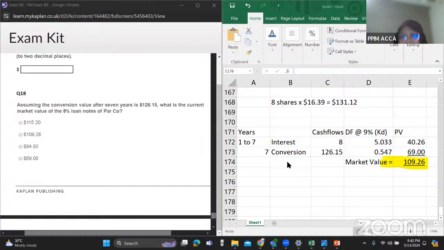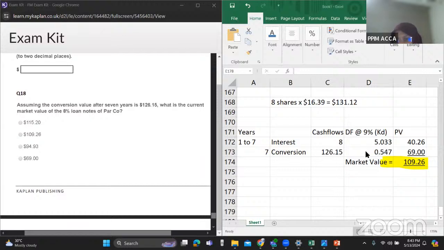Now I'll just tell you there can be a situation where you don't have the cost of debt. They might give you the market value. So in that case, what will you have to do? You will have to start working backwards. You will have to figure out how much this answer will be if the market value has to be 109.26. And actually it won't be so complicated.